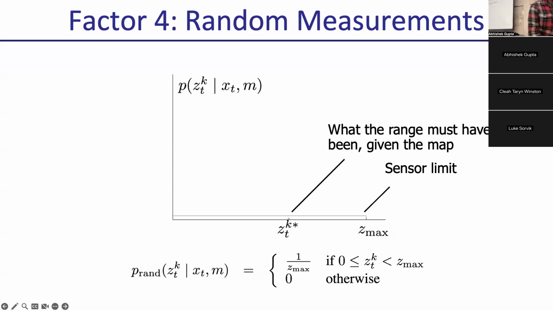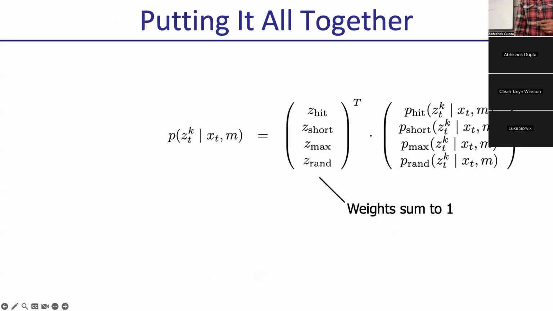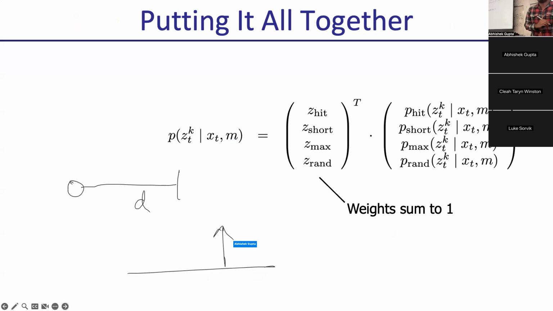And so we're going to have these four types of error, and we're going to try and put them together into a measurement model, right? So if everything was perfect, your car was here, and your obstacle was here, this was D, you just have a distribution which is a 100% likelihood of giving you distance D, right? But that's not reality. And so you normally have some distribution which is like that, right? And that distribution is a combination of these four sources of error.